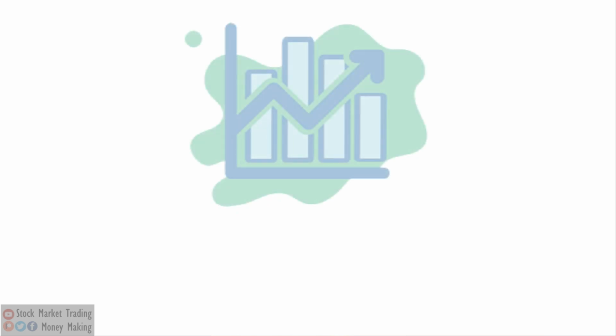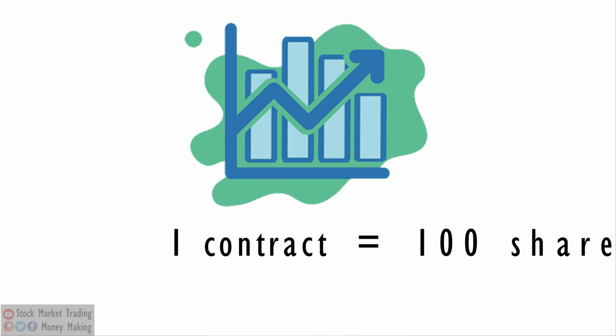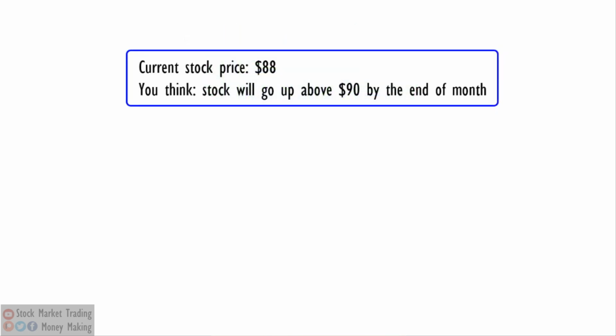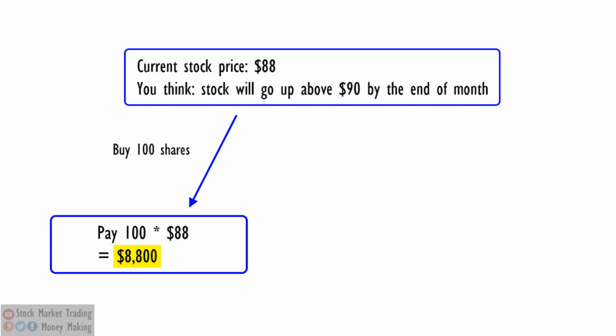Everything I told you about buying a piece of land translates into stocks. Same thing, on the stock market, one contract equals 100 shares. Let's do an example. Suppose the stock is trading right now at $88 and you think it will be above $90 by the end of the month. Instead of buying 100 shares of the stock and locking up $8,800, you may buy one call contract of the stock with the strike price of $90.